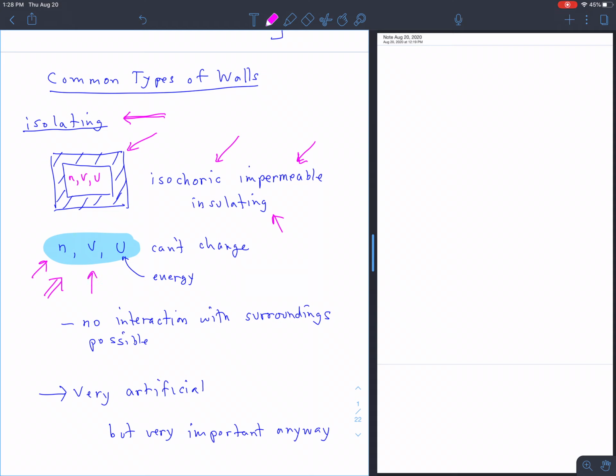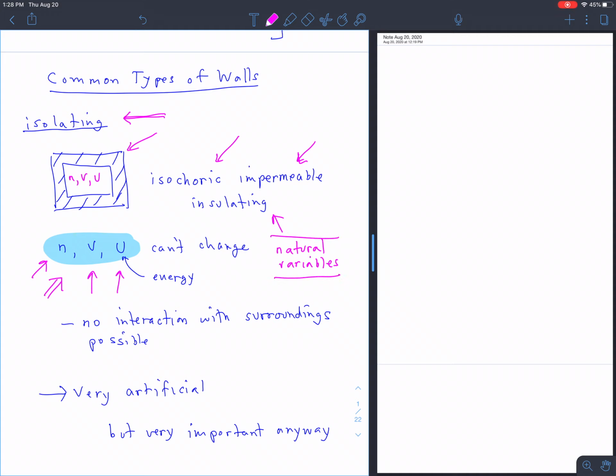Likewise, if it's isochoric, then that by definition means the volume can't change. And if none of that can happen, then the total energy inside the system also can't change. And so N and V and U are natural variables for this kind of problem.